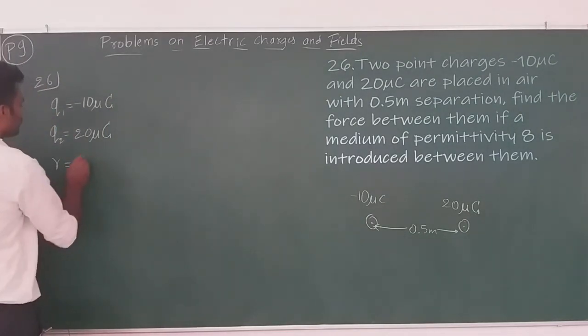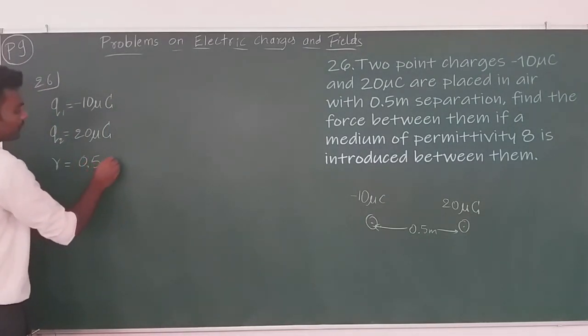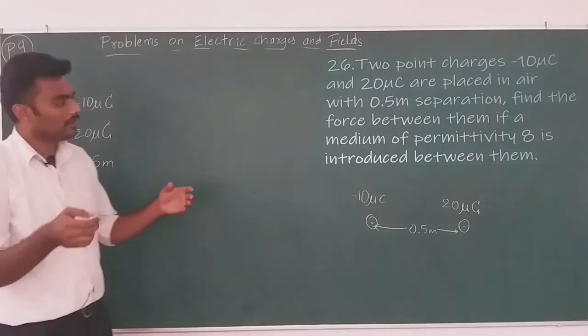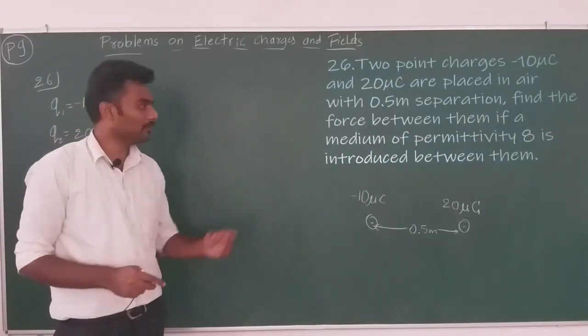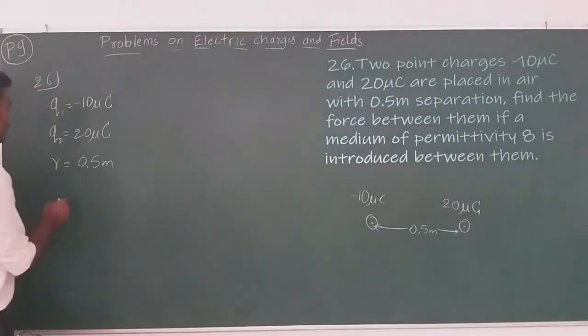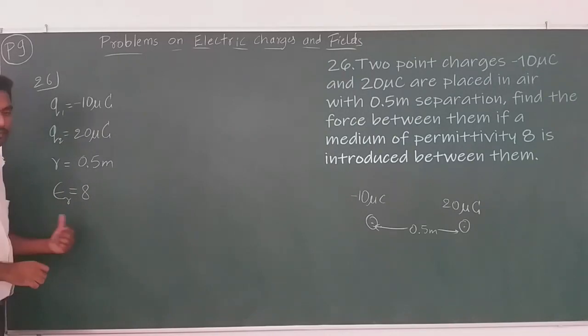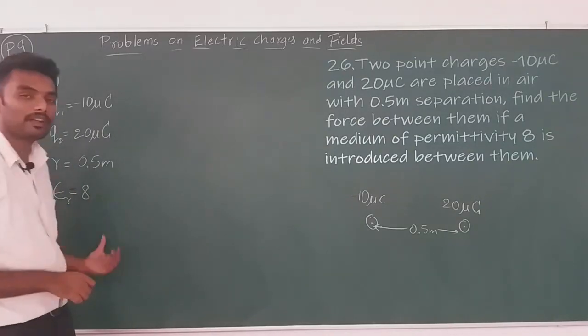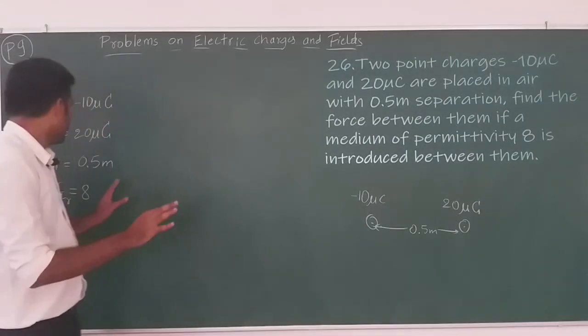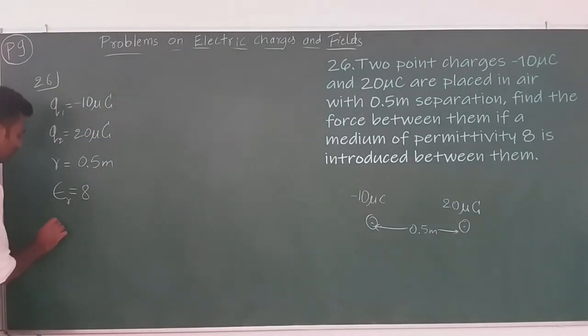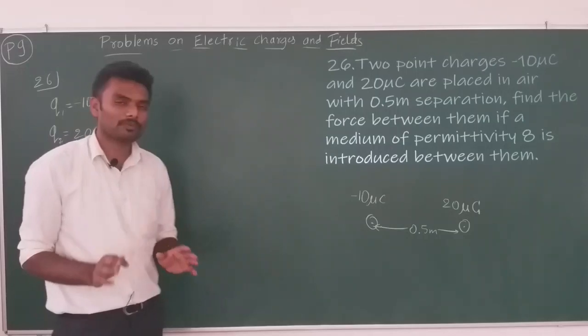So r is equal to 0.5 meter, and these two charges are kept inside a medium of relative permittivity 8. Relative permittivity is given by epsilon r, which is equal to 8. Remember, this is a unitless and dimensionless quantity, no need to worry about its unit, and the force between them is asked to find. Very simple problem.